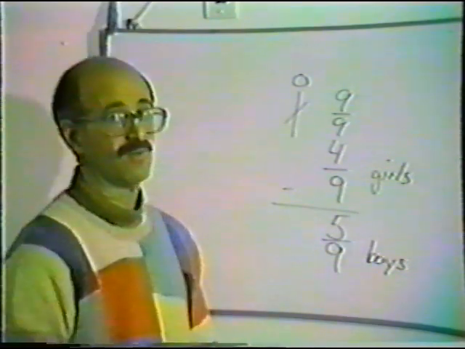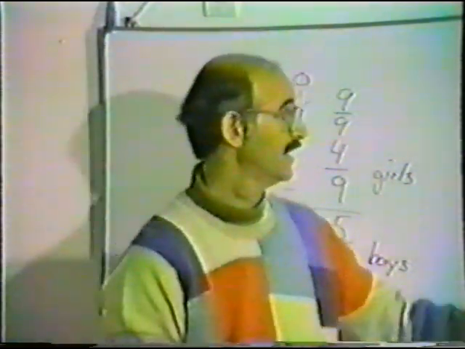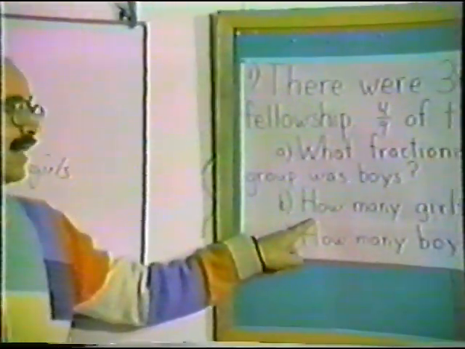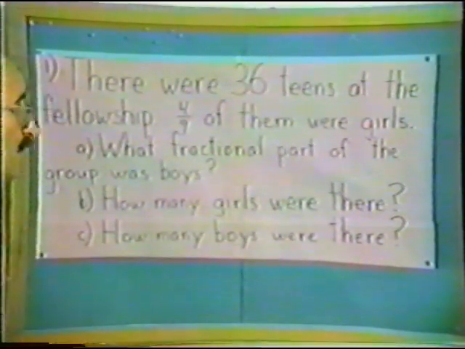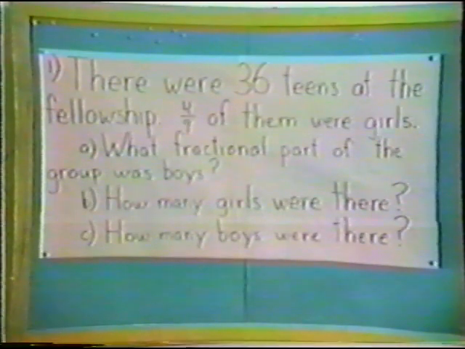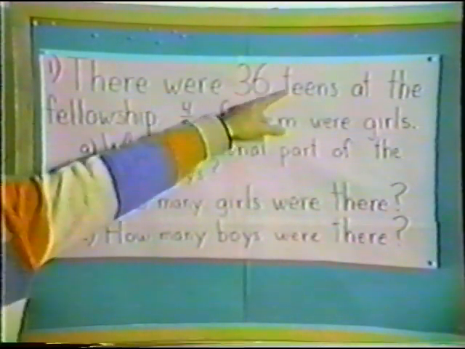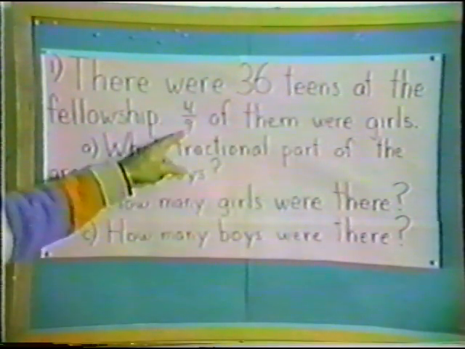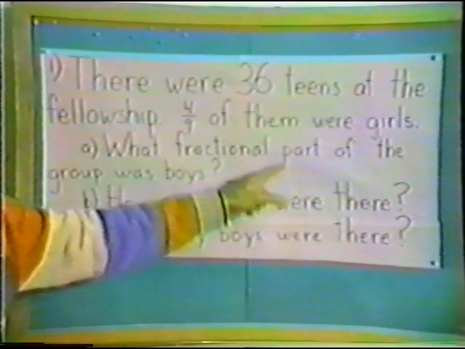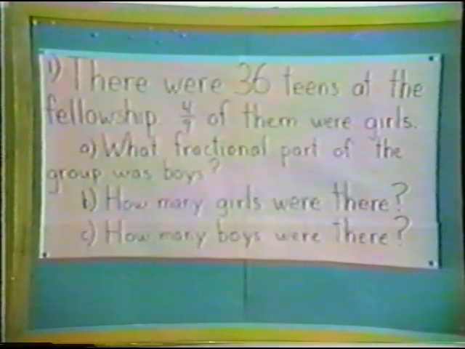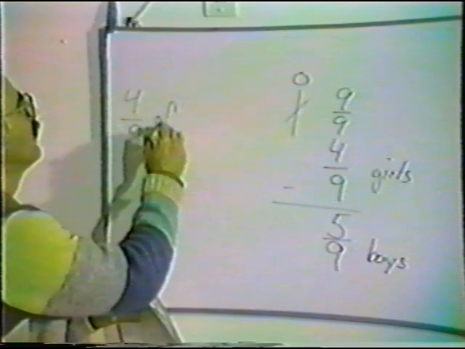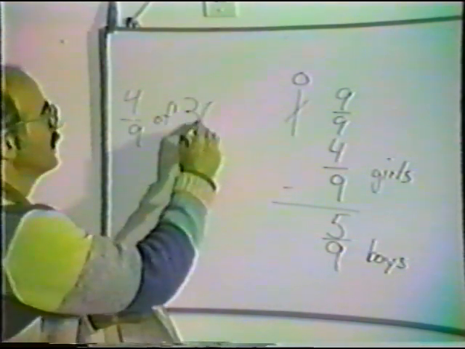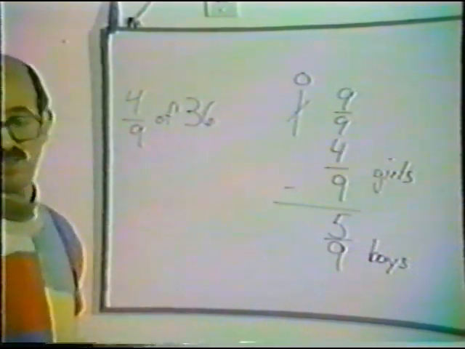The next question, it says, how many girls were there? Well, we know there were 36 teens, and 4/9 of them were girls. 4/9 of the 36 were girls.